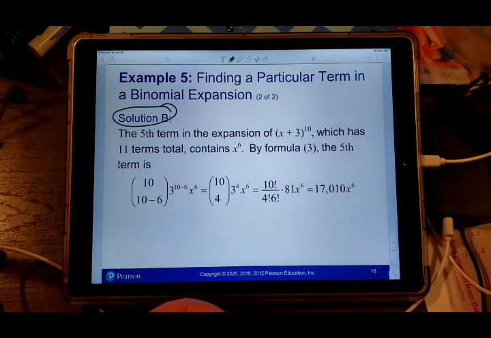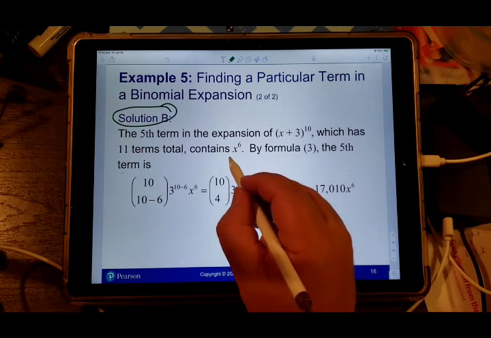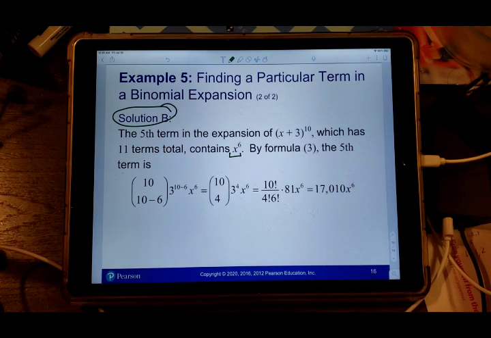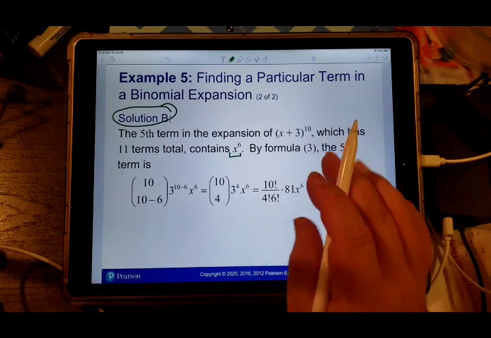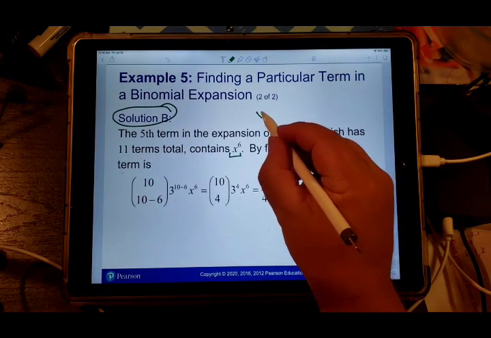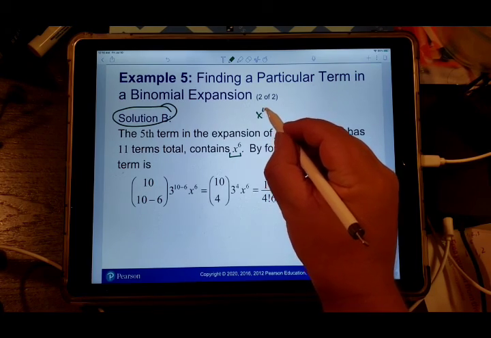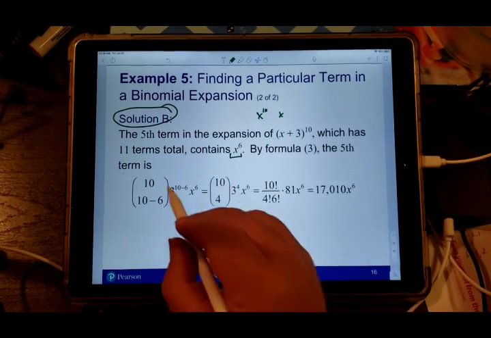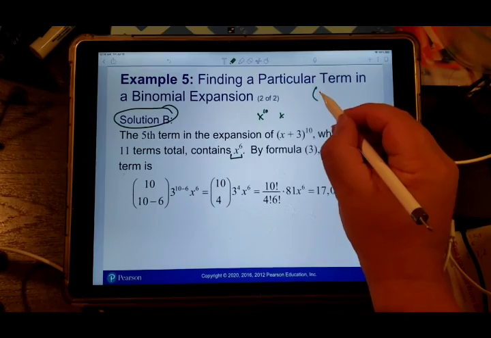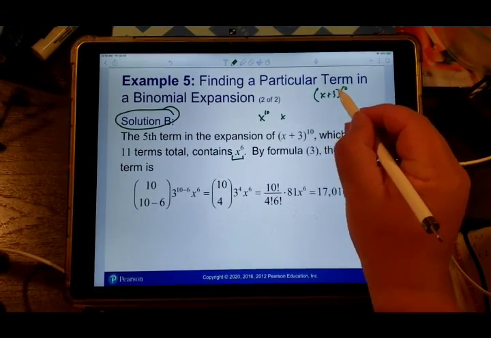It's to use that weird formula. So the formula was, first of all, they had to figure out that you wanted to find the term that contains x to the 6th. How do you figure that out? Well, the fifth term would go through this pattern, x to the 10. What was the question? X plus 3 to the 10.